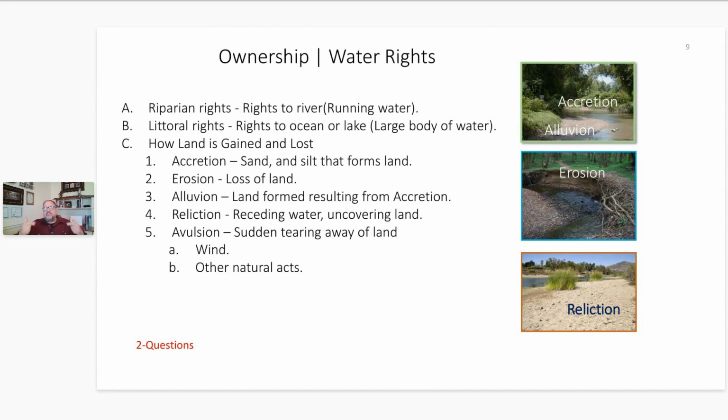The very essence of that sand and silt falling out is a credit to the land it formed. Now, the land it forms is called the alluvion, which is number 3. That is the land formed due to accretion, or a credit of the sand and silt falling out of the water. It forms the alluvion. If you look at the top picture, you can see the inside of that river.